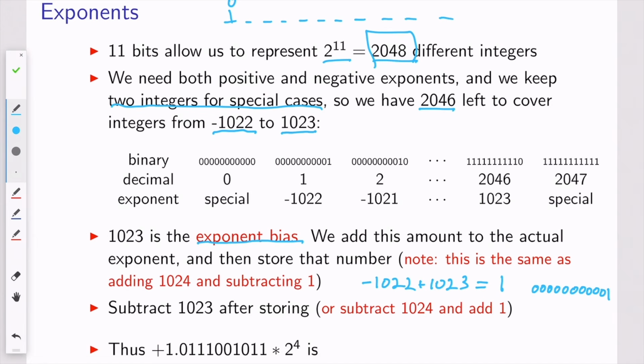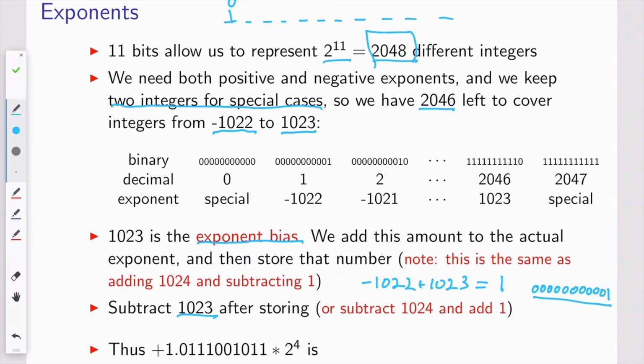That's an 11-bit exponent that represents the number 1, but you can go backwards. If you see this exponent, you subtract that bias of 1023, and you get minus 1022.